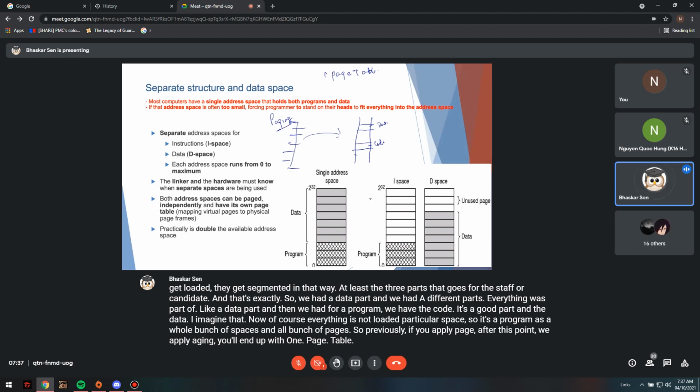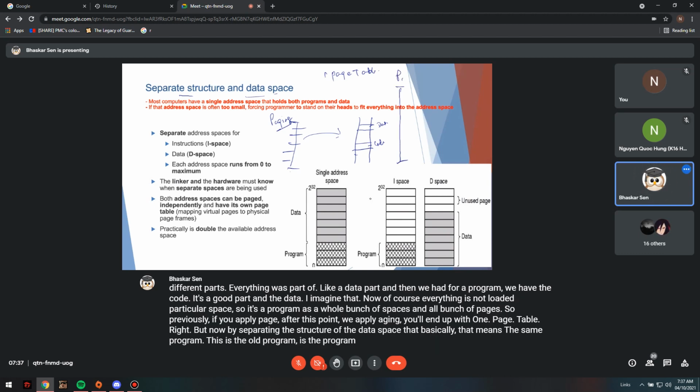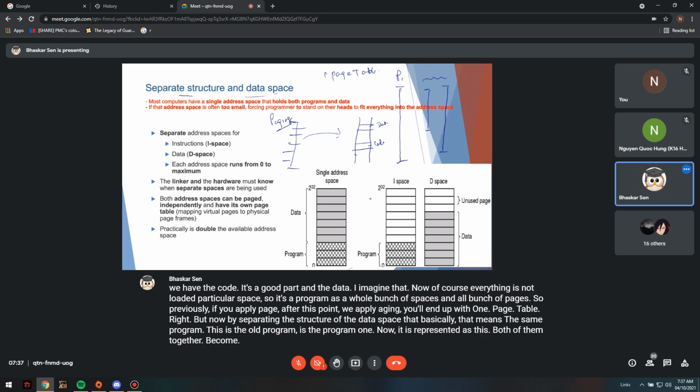Right. But now, by separating the structure of the data space, that basically means the same program. This is the old program. This is program one. Now it is represented as this and this. Both of them together become program one.